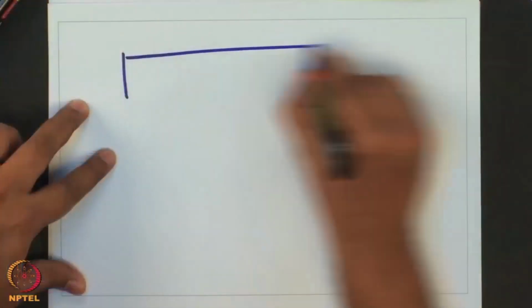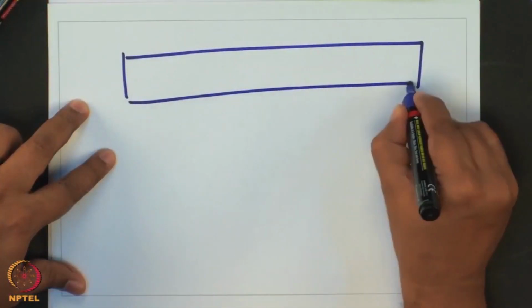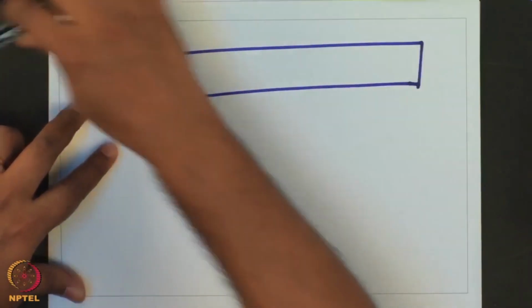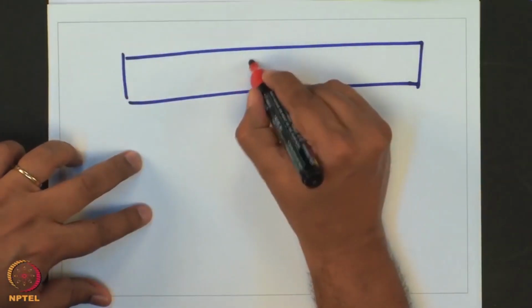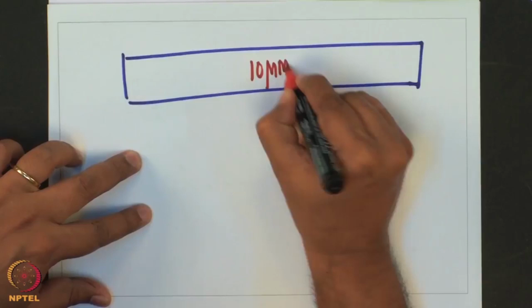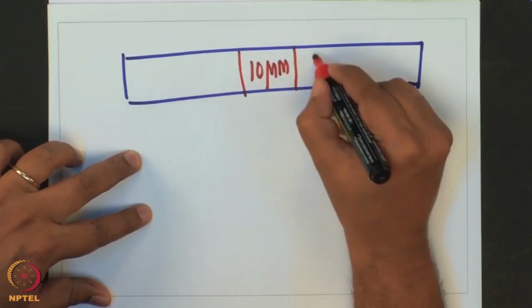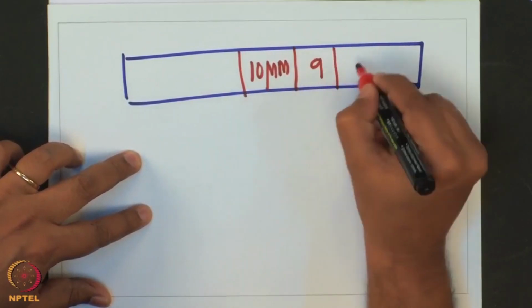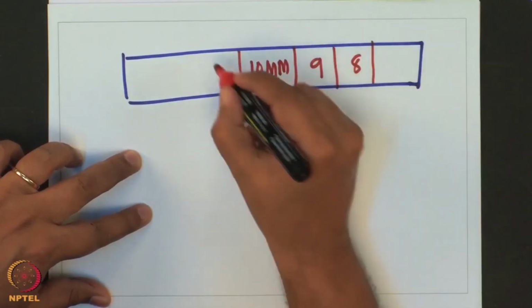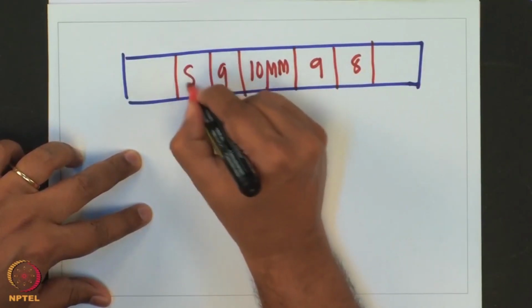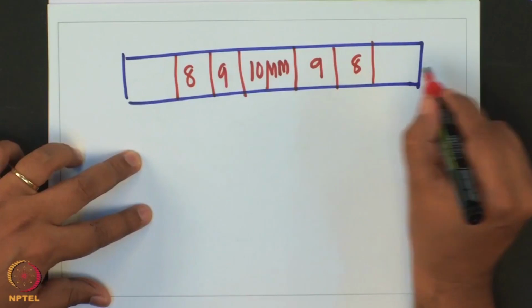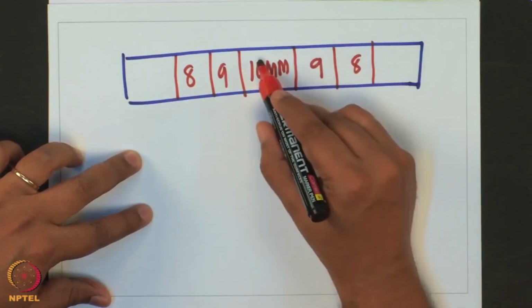So let us redo this, let us understand. To do this properly, let us redraw once more. So we have this long tube, and at the middle we have concentration 10 micromolar, and as I go the concentration becomes 9 here, 8 here, and so on, and here 9, here 8, and the concentration decreases as we go along. So this is a high concentration.